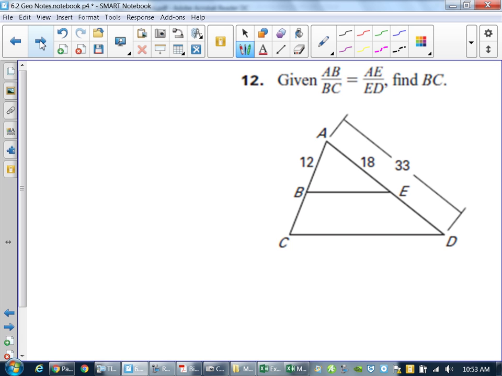Same deal. We have a triangle. They give us a proportionality statement. Very close to being a similarity statement, but we're not quite to describing those yet.